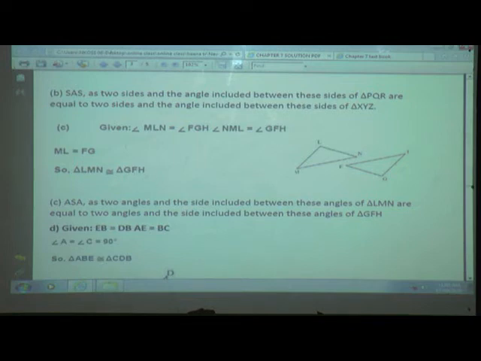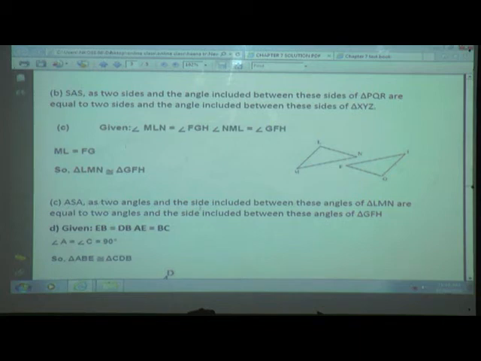Yes, we know that two angles are given, that is angle L is congruent to angle G, angle M and angle F are both equal, and one of the sides is given to us, so we can say it is ASA, that is angle side angle.